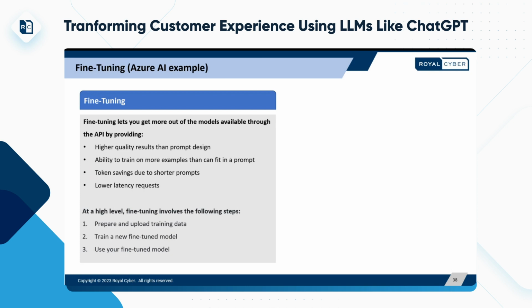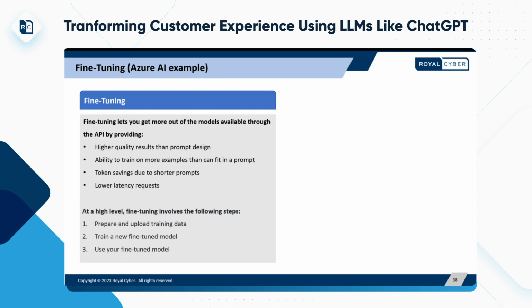That's where we are providing examples, just trying to make the model look at the examples, learn from our responses, and then provide an answer to the question, whereas fine tuning has a much broader ability. It is also economical in terms of the token savings due to shorter prompts, and it provides low latency requests.